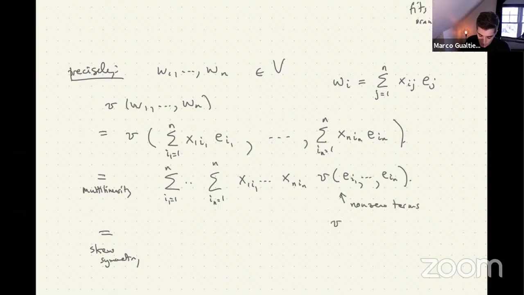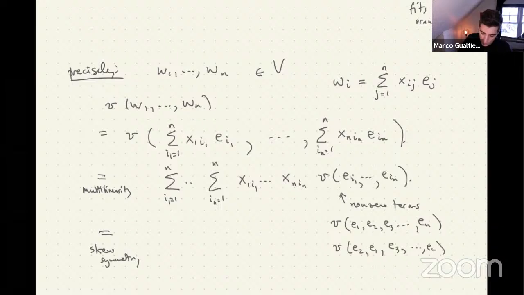are of the form, the first non-zero term is going to look like this: E1, E2, E3, up to En, right? And that occurs when you take the first element of this sum, the second element of the second sum, and so on, right? So the non-zero terms will be like this, but there's also going to be this one, E2, E1.